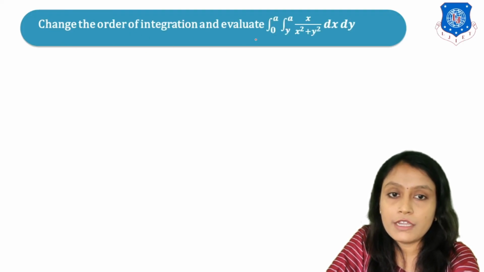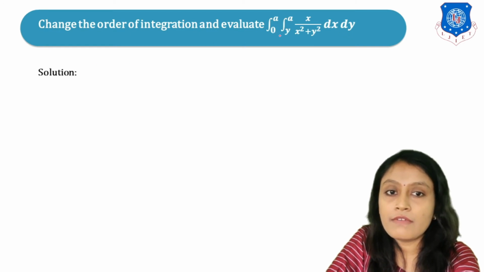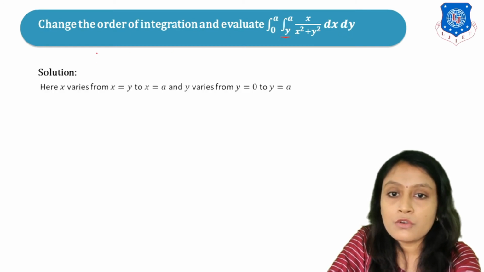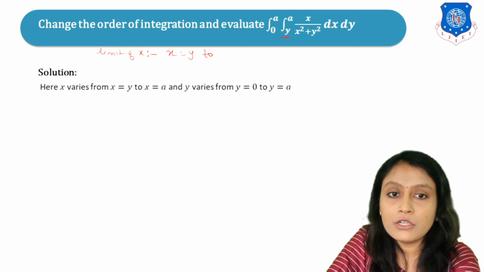Change the order of integration and evaluate the integration 0 to a, y to a, x upon x square plus y square dx dy. Okay, so here y is given, right? So firstly we will write the limit of x. The limit of x is given, that is x is equal to y to x is equal to a.